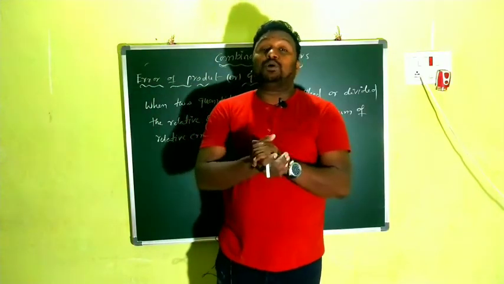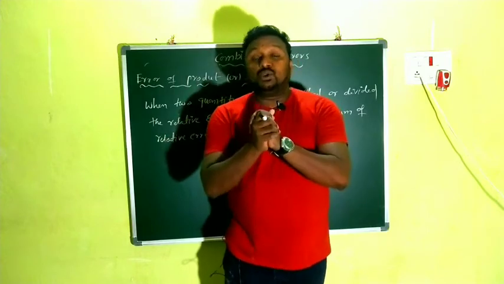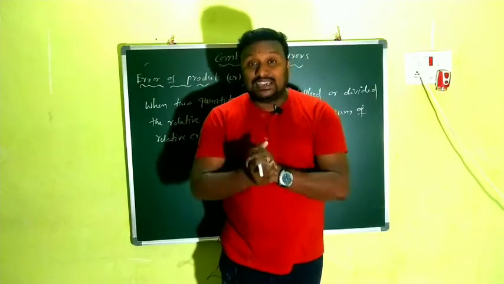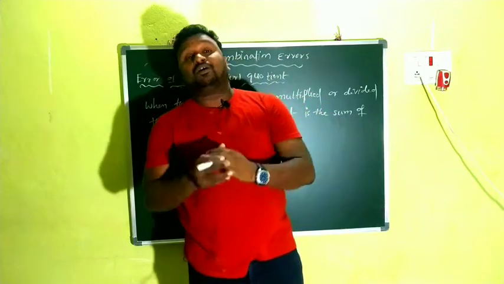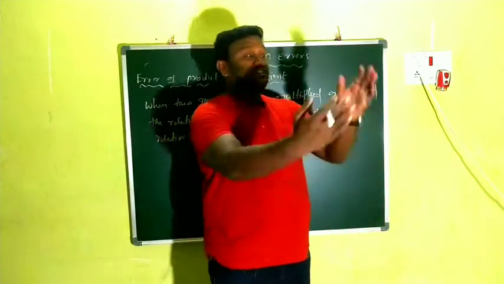Children, I am going to the topic now. Which rule do we have to follow in the case of multiplication and division for the combination of errors? I already mentioned it here, just watch.